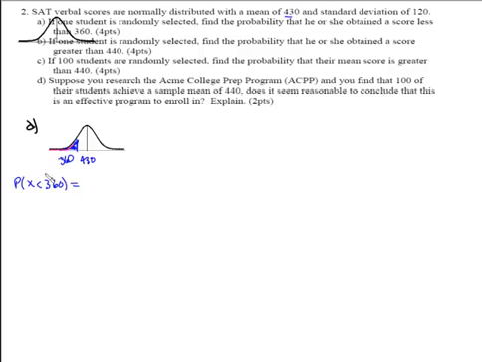So according to the calculator, you want your normal CDF function to take in the low value of minus infinity, and our notation for minus infinity in the calculator is 1e99.